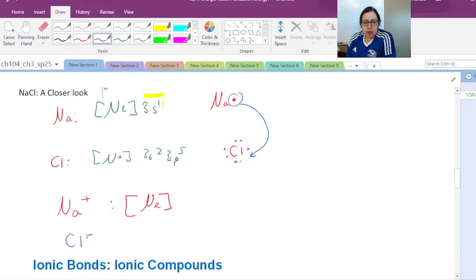And then we see this is how we make our anion. So remember, cation is positive. It's got the T in the middle, there's your plus sign. And then we made our anion, which is negative.